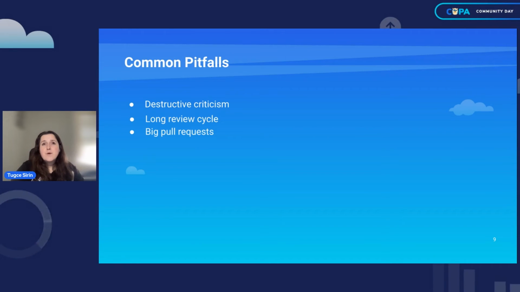Another common pitfall is the big pull requests. And I mean, we've all done it. And there's a funny saying in the software development community: for 10 lines of code change, there will be 20 comments in the pull request review. And for 500 lines of change, it will be approved and will be said, looks good. And it's because reviewing a big pull request really takes a lot of mental effort and time.